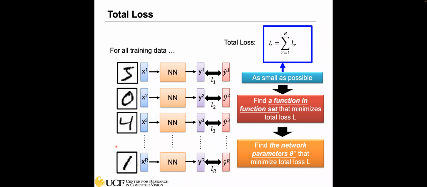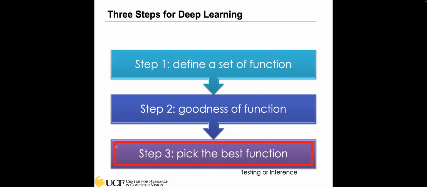Okay, so that's the idea of how we use supervised learning to find the best function. Then you can use that for testing or inference. Okay, so that's step 3. Once we use the training data set to identify that best function, we'll use it to do the testing or inference.